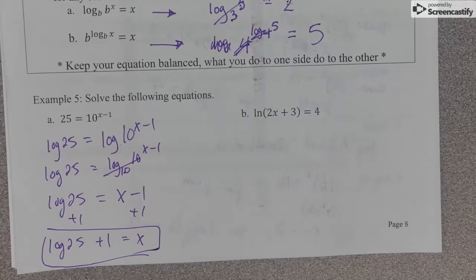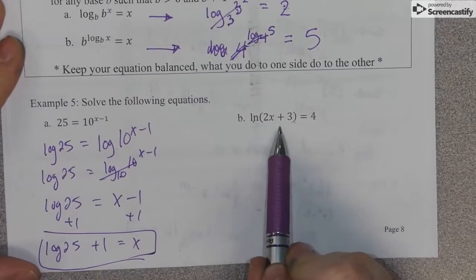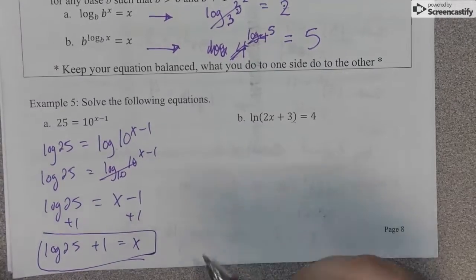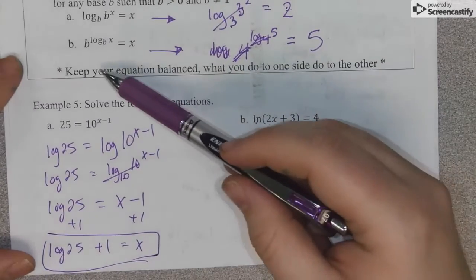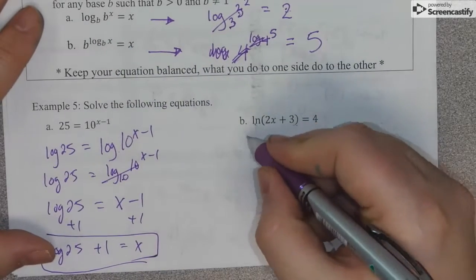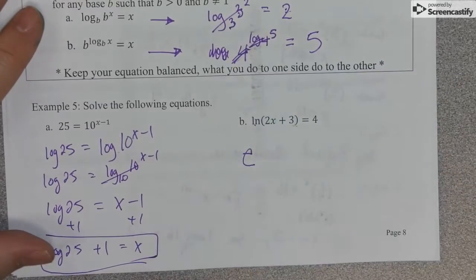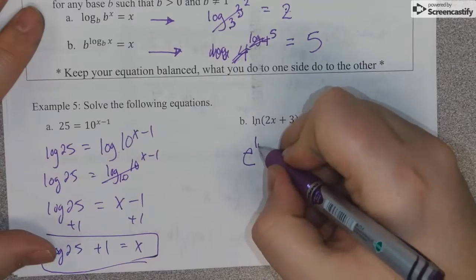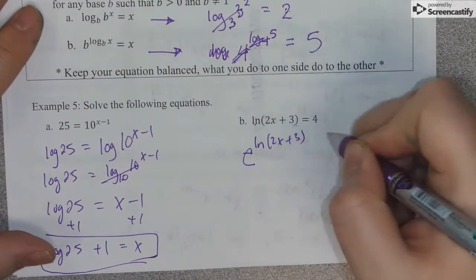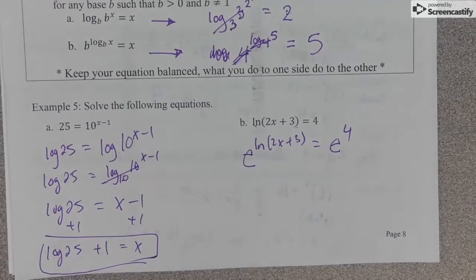Question 2, natural log of 2x plus 3 equals 4. In this case, I am given this in logarithm form. So in order to get rid of the logarithm, I'm going to use the base to the logarithm. My base here, remember ln natural log has a base of e, so this would be e to the ln of 2x plus 3 equals e to the 4th, because whatever I do to one side, I have to do to the other.